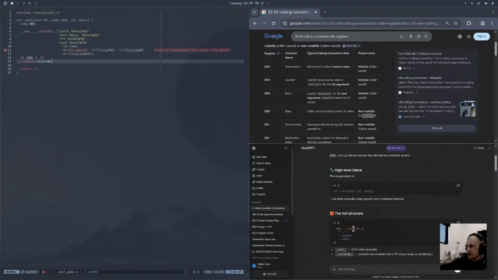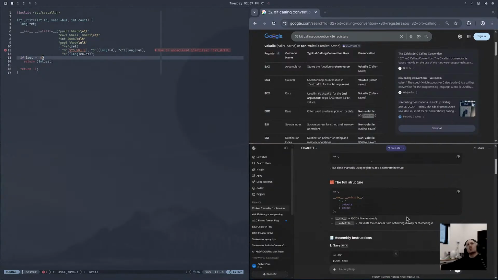So we have asm volatile, and then you have all of your statements, all of your outputs, and all of your inputs. So output is ret, and then these are the inputs. So syswrite, FD, the buffer, and the count are all inputs.